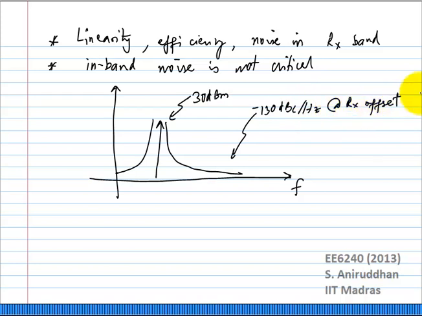This means you are actually putting out around minus 100 dBm of phase noise into the RX band. This will not be acceptable.